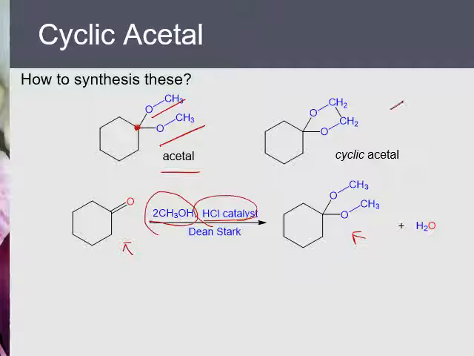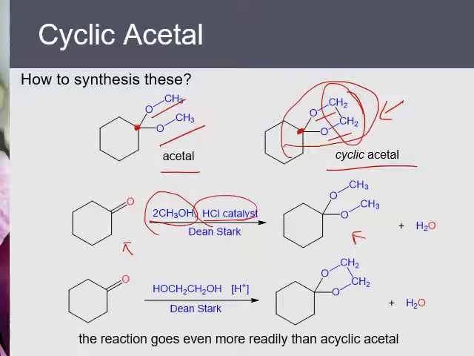Now on the right side, this is also an acetal because this carbon is connected to two alkoxy groups. But in this case, these alkyl groups are connected, and this forms a cycle, so it's called a cyclic acetal. A cyclic acetal can be synthesized from the corresponding ketone with 1 mole of diol and an acid catalyst.